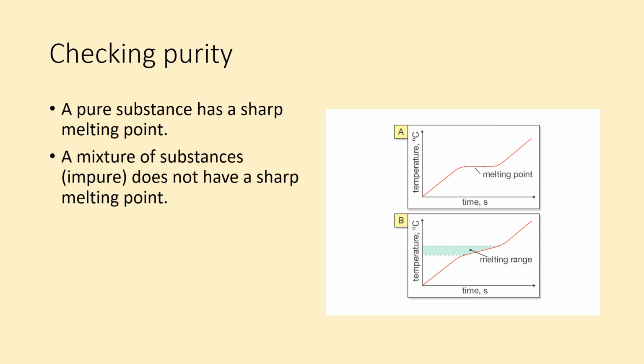Okay, checking for purity. So a substance that is pure has a very sharp melting point, like on graph A. So you've got a graph there with time along the bottom on the x-axis and temperature up the side. And you can see that the graph is going up, but then in the middle of the graph it goes flat. Now what's happening there is that substance is melting.